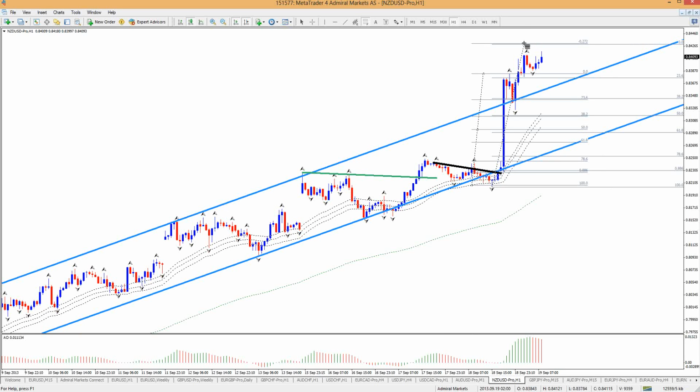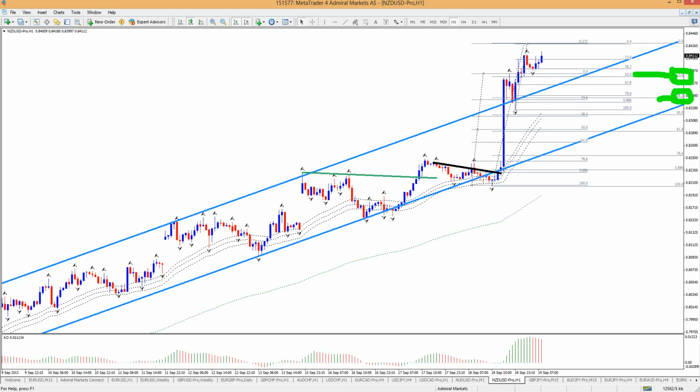And then most likely the 382, any of these fibs, the 236, the 382, or the 50 will be a bouncing spot. If it's the 236, it's also a 50 of the smaller move. The 382, it's a smaller 886 or 786.